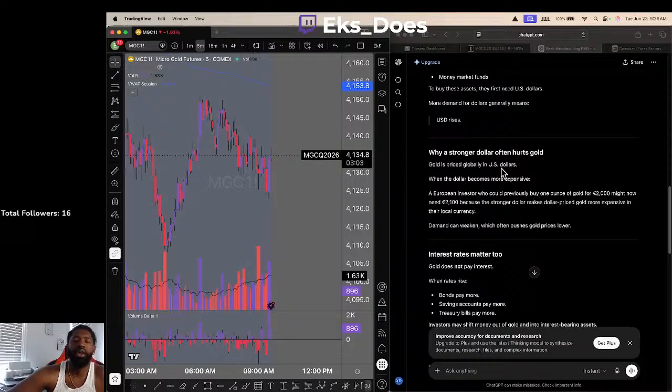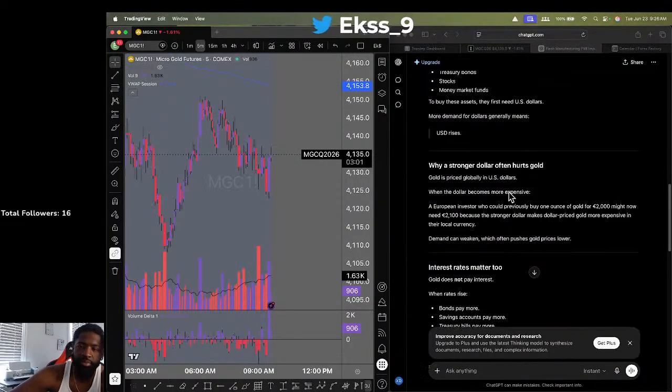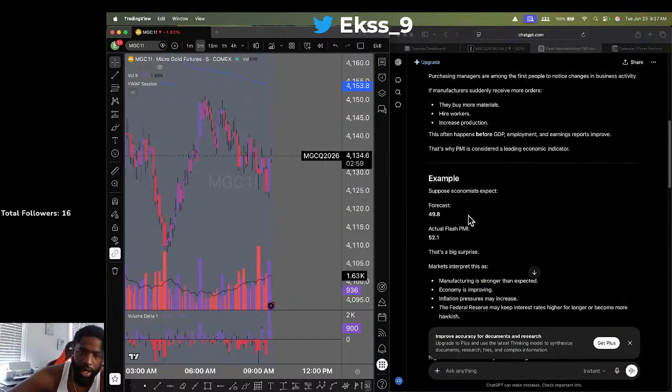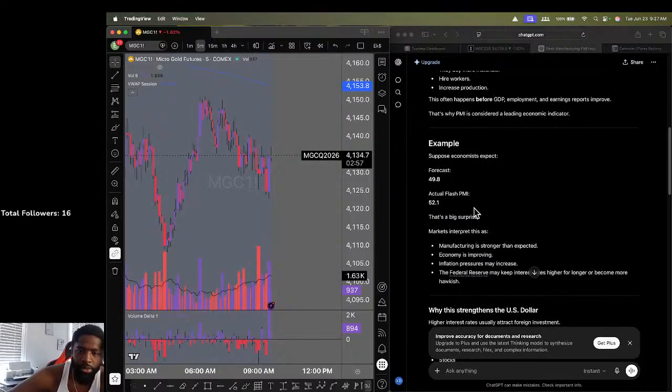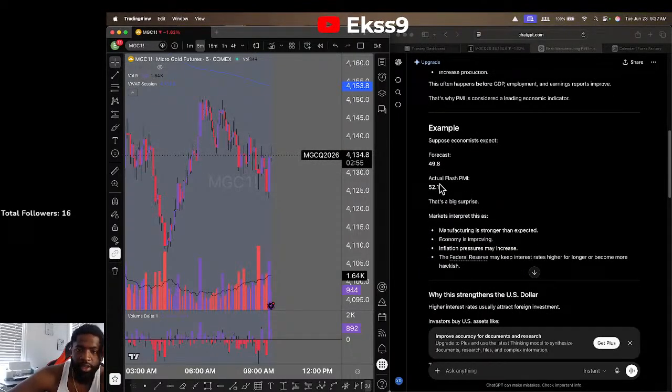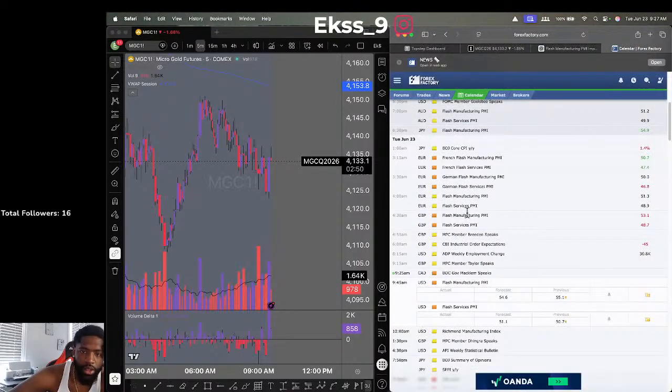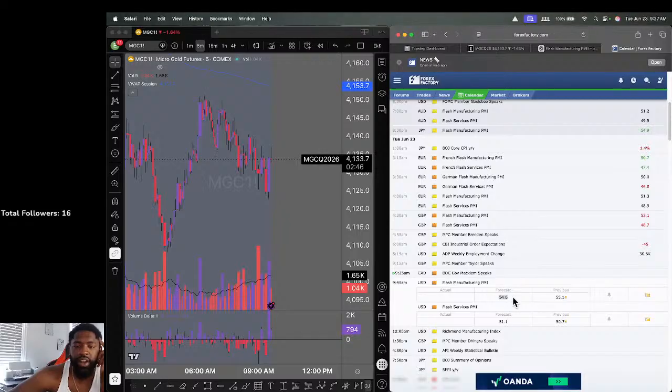So, okay, let's understand this, right? So the forecast is 54.6 for this number. So right now, they're forecasting things to be lower than what the previous report was.